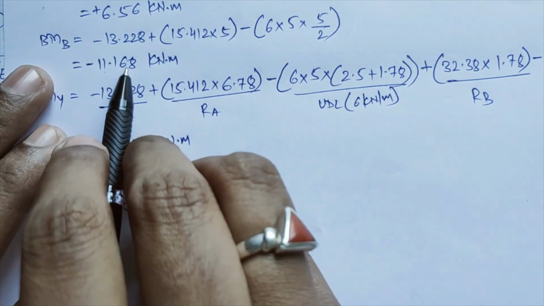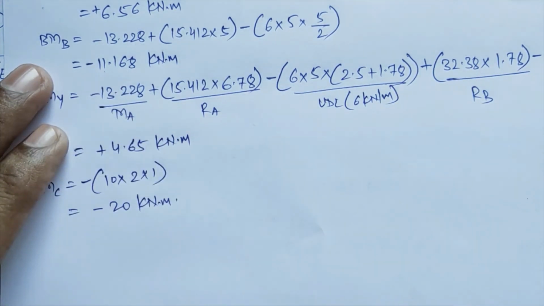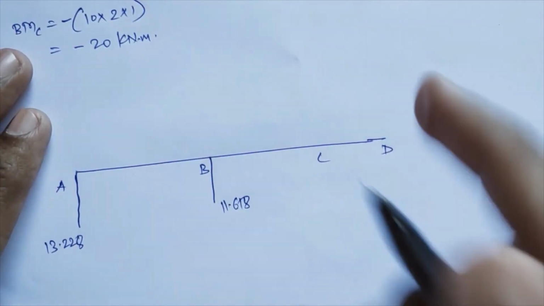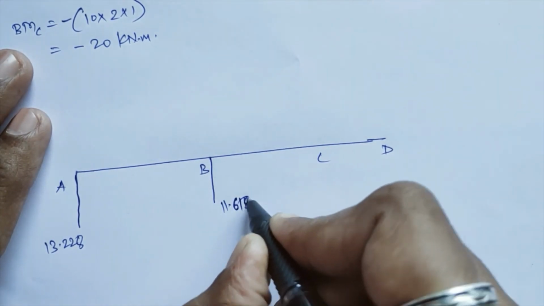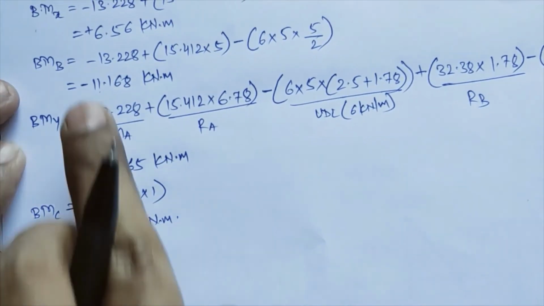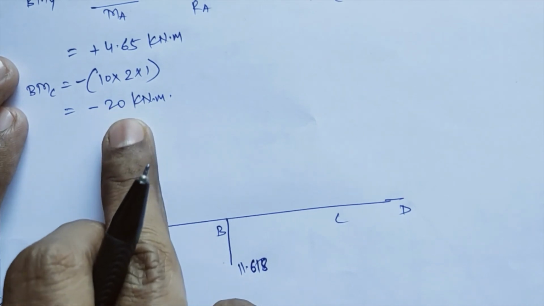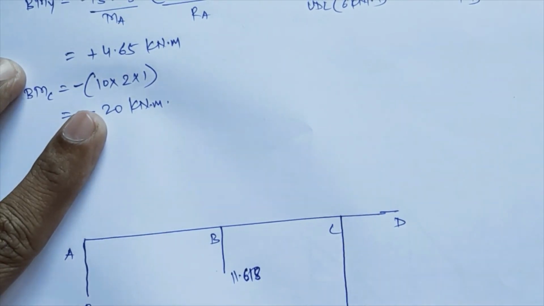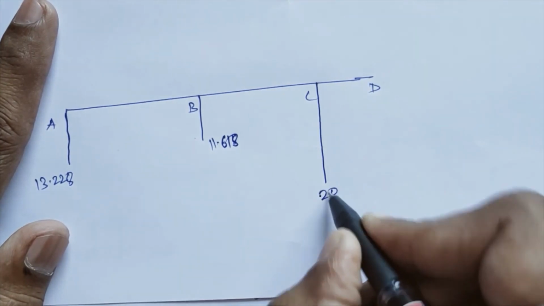At B, I am having that minus 11.618 over there. Okay, so this I have got minus 11.618. Then at C point, I am having that as minus 20.